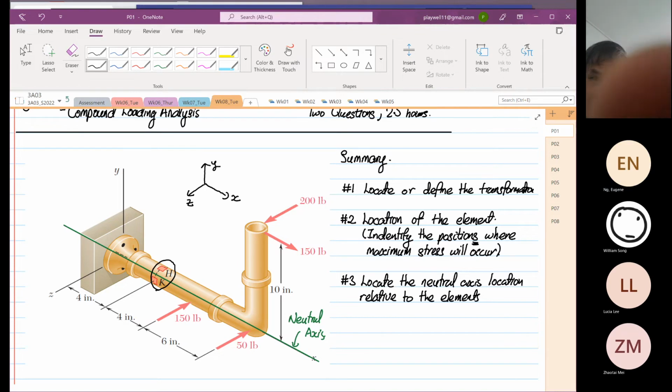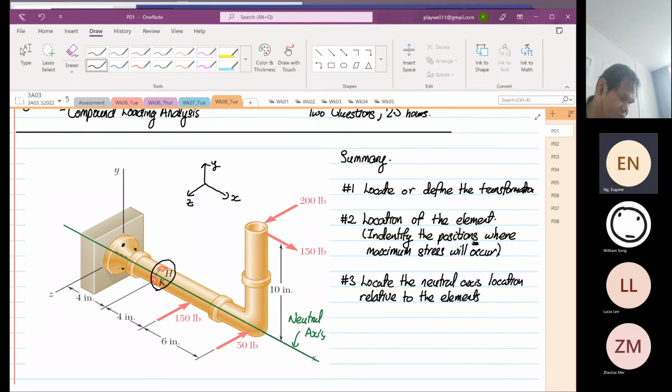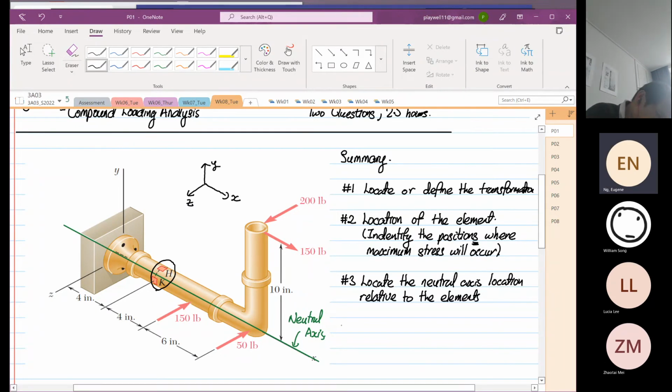Okay. So once we have done this, the fourth thing is to analyze the structure in 2D plane, right?